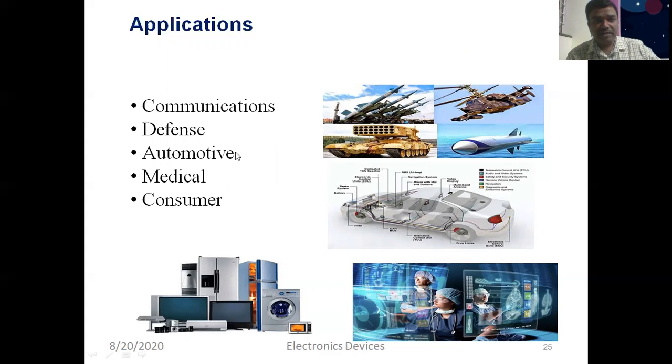Next, we have defense applications like missile launching, and automotive, that is cars and smart cars. Then medical applications, medical instruments, where you use electronic devices. And consumer applications, all your home appliances and consumer electronics use electronic devices.